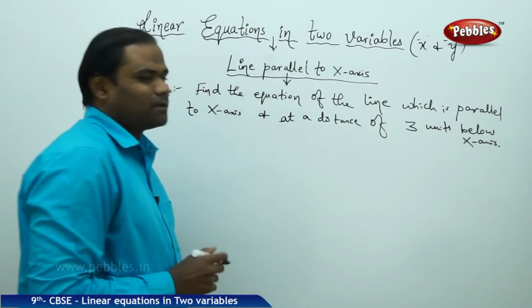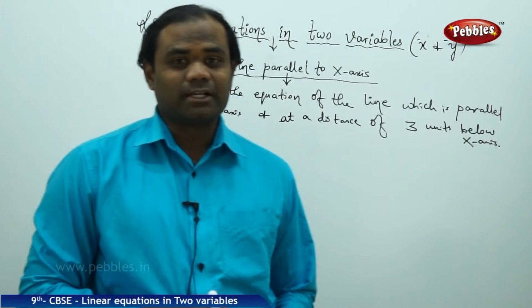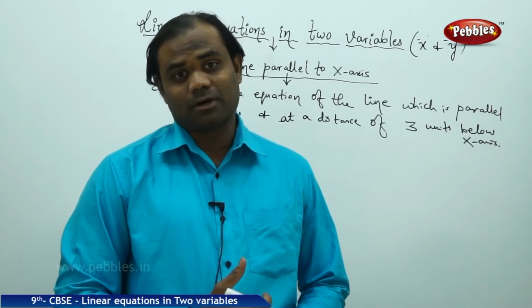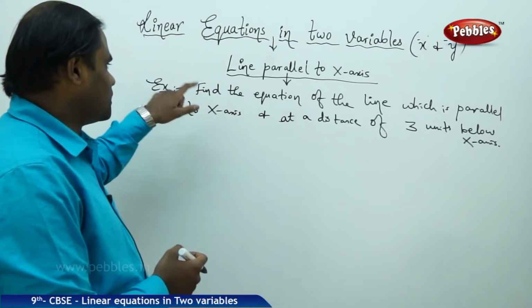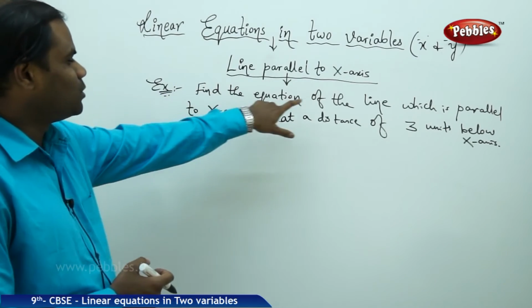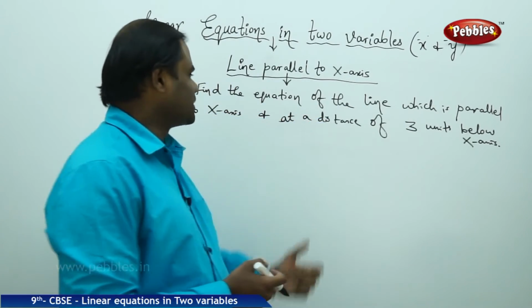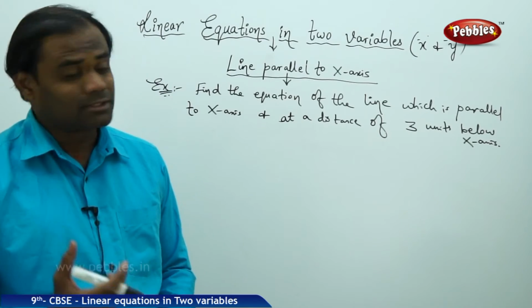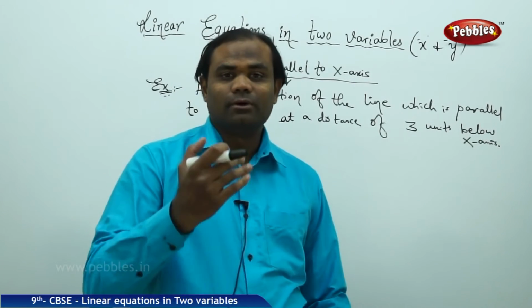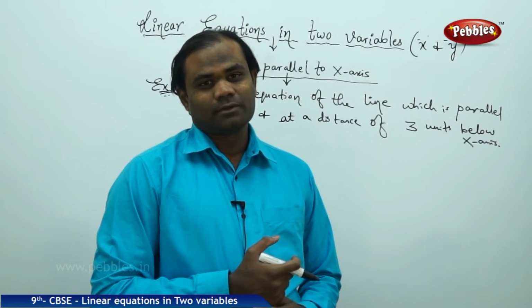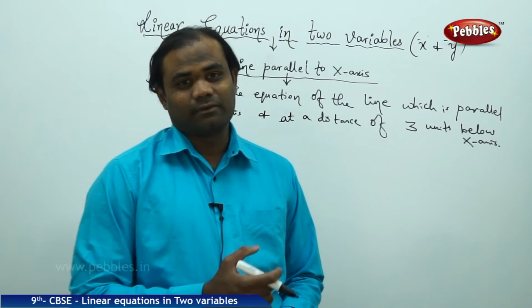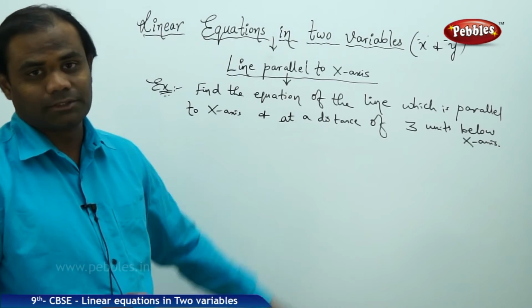Now here I have a question which has various conditions taken into account. For example, find the equation of the line which is parallel to the x-axis and which is at a distance of 3 units below the x-axis. So let's see how we can identify the line through the given conditions.